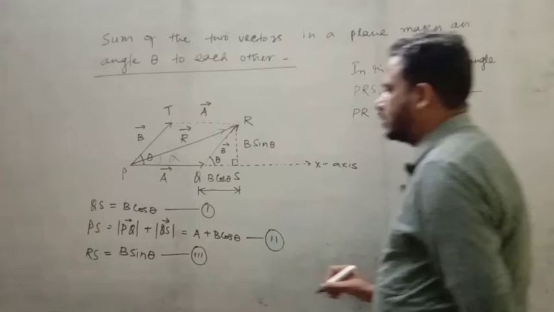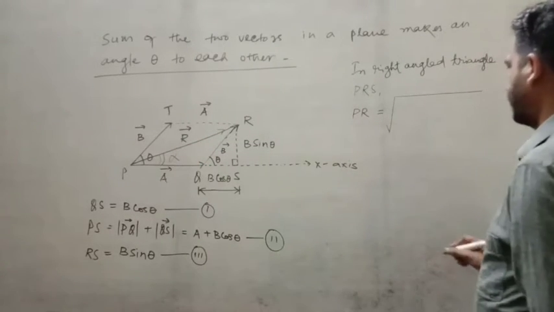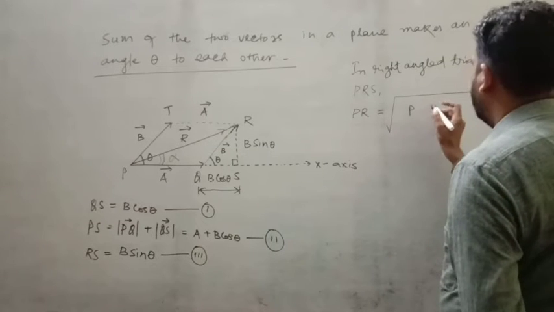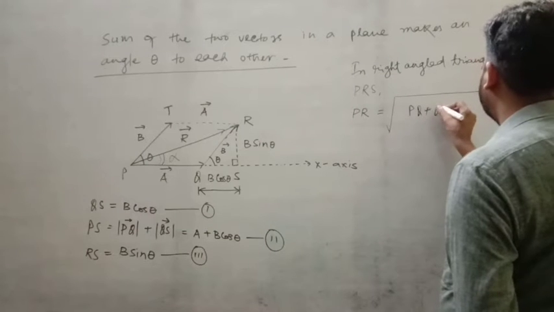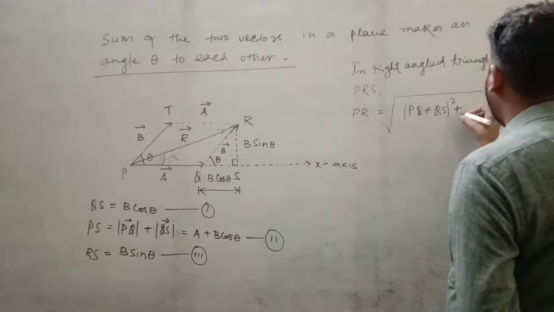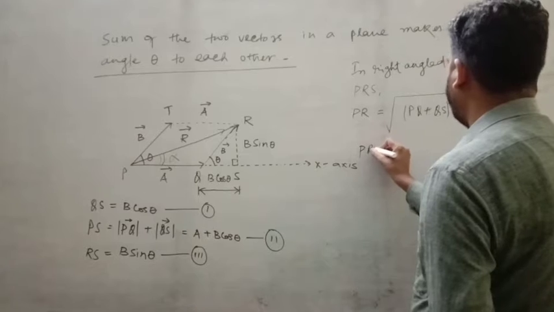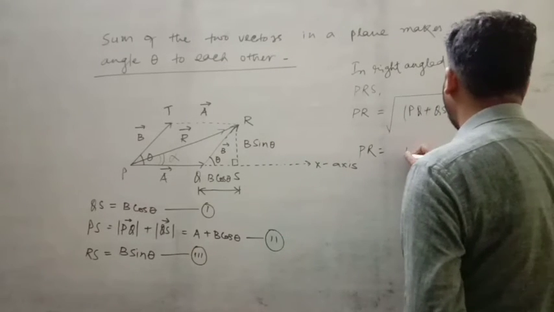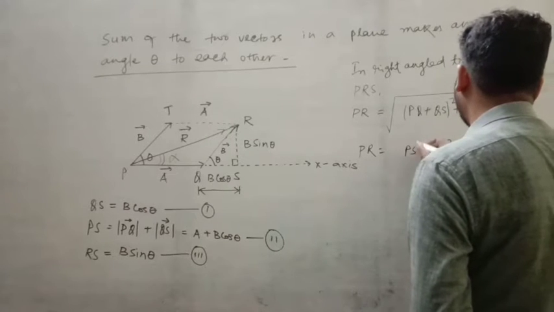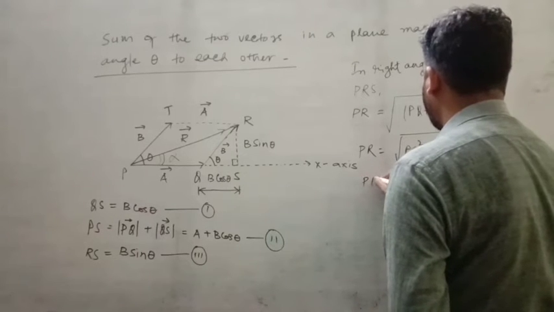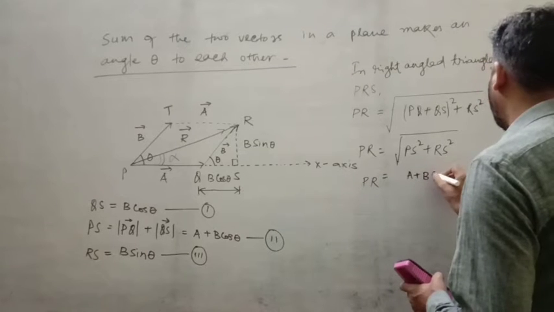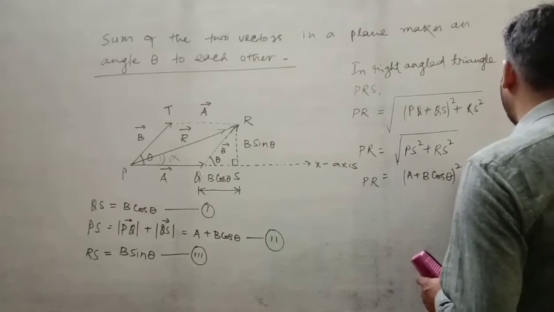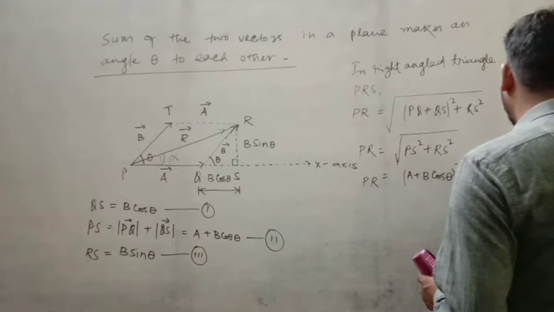We already have PS as A plus B cos theta from equation 2, and RS as B sin theta from equation 3. So PR is the square root of (A plus B cos theta) square plus (B sin theta) square.